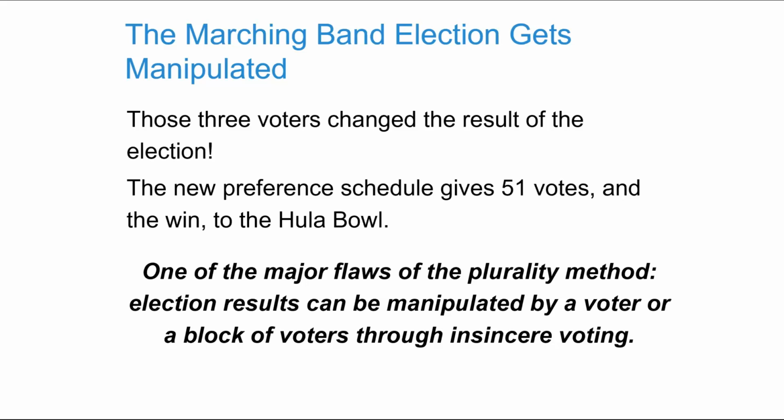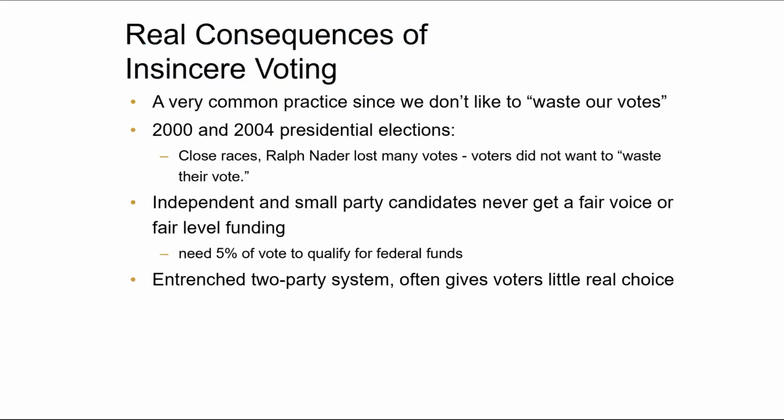Election results can 100% be manipulated by a voter or a block of voters through insincere voting. Again, they're not picking their top choice, they're picking their lesser choice that has a better chance of winning. So these are some real situations of insincere voting.